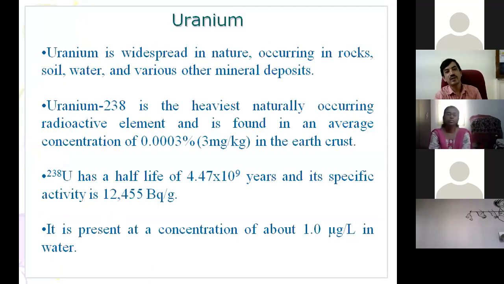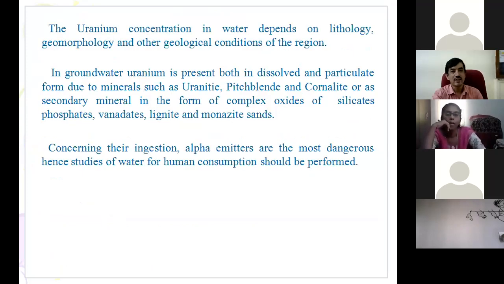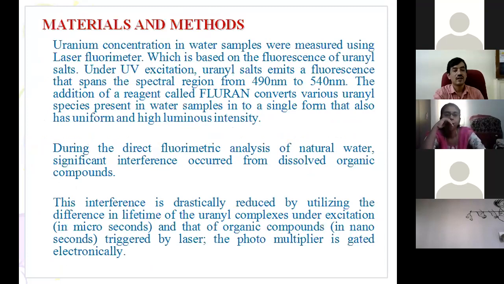In liquid samples, we can measure uranium, radium, and radon using different instruments and different techniques. Uranium can only be measured using a laser fluorimeter and also LED fluorimeter. Nowadays, people are using LED fluorimeter. This is in India.